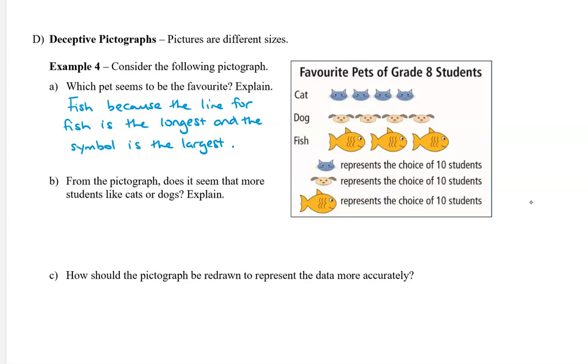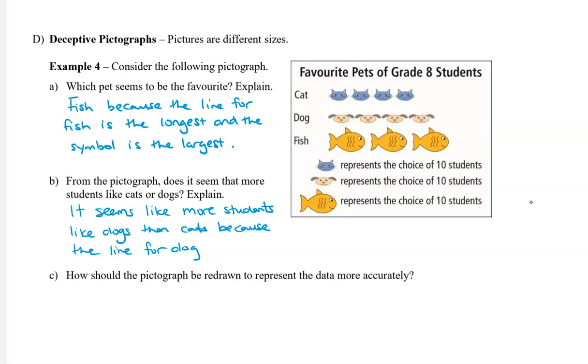Well, when we take a look, we can see that the length of the dogs is longer, so it seems like more students like dogs than cats, because the line for dogs is longer.